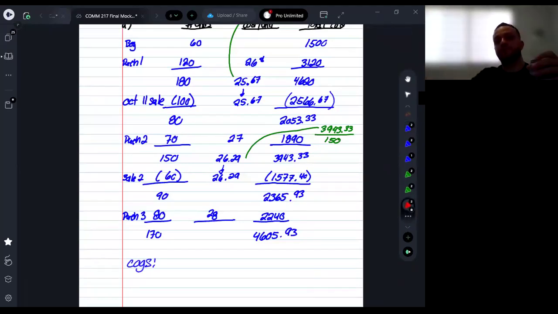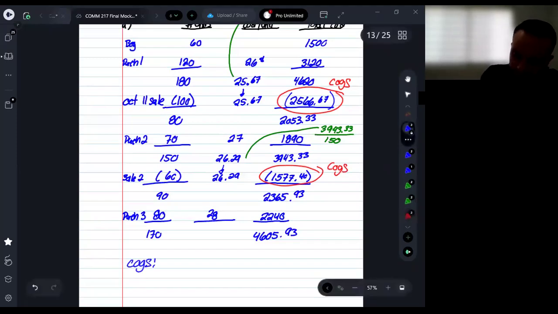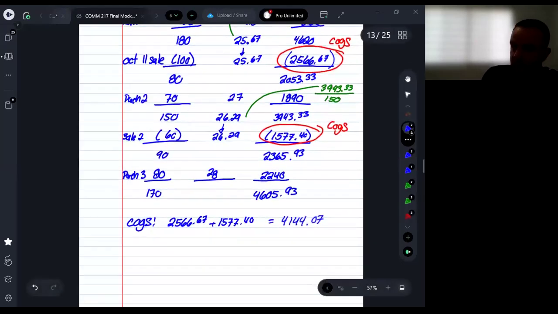The cost of goods sold is your sales, so that 2566.67 plus 1577.40. Very good. That gives 4144.07.